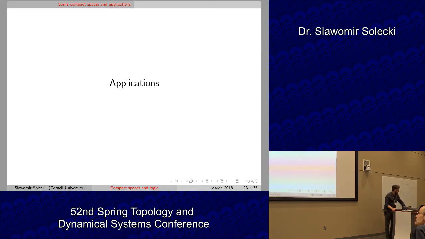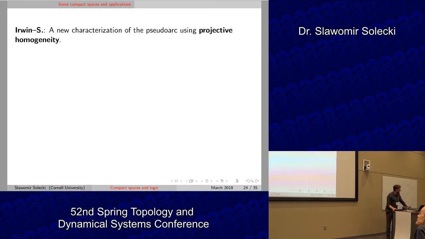So let me say some applications that were gotten with this method, and then I will do some illustration. First, some applications without going into details. What we did initially with Irwin, a long time ago when we first came up with this method, we found a new characterization of the pseudo-arc using projective homogeneity.